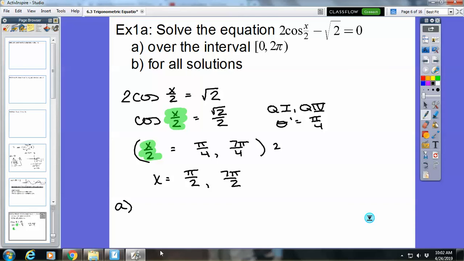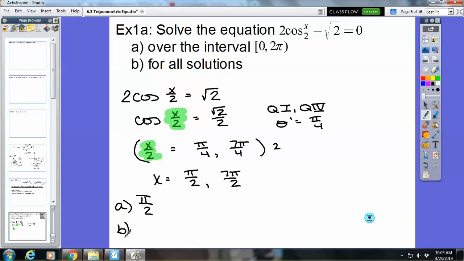Let's check and make sure both of these do fall between 0 and 2 pi. Pi over 2, we know that's on our regular unit circle. 7 pi over 2 is like 3.5 pi. Is that between 0 and 2 pi? No, that one's too big. It's outside our answer. So part A, the only answer between 0 and 2 pi is pi over 2. So we just have to check that.